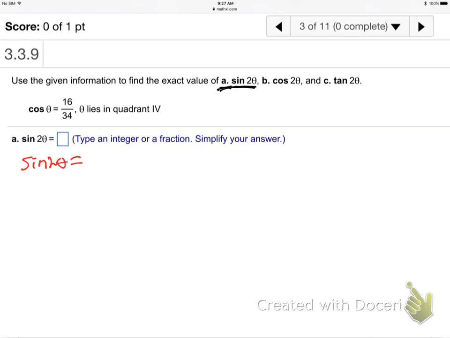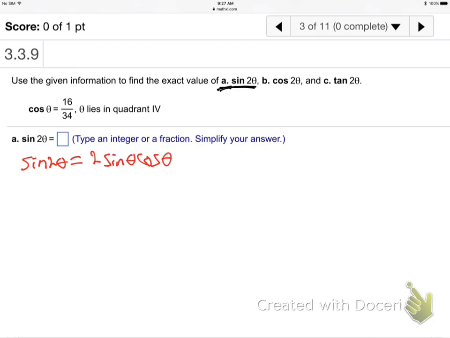A lot of formulas for this next exam, you'll have on your 3x5 card. Sine 2 theta is 2 sine of regular theta cosine regular theta. Good? You'll have that right on your card. Automatically, you see sine 2 theta, you go, oh, it's 2 sine theta cosine theta.